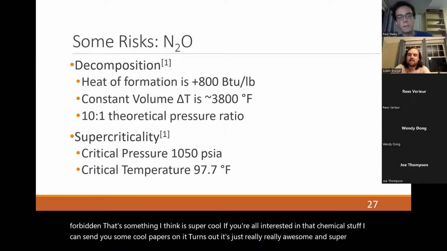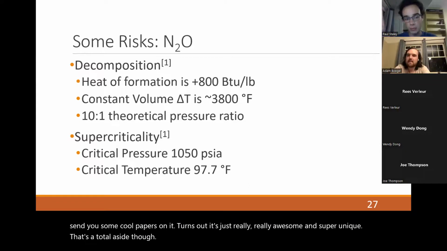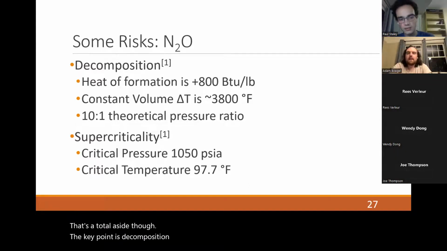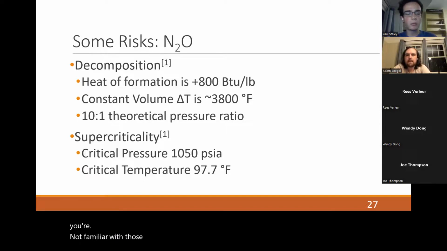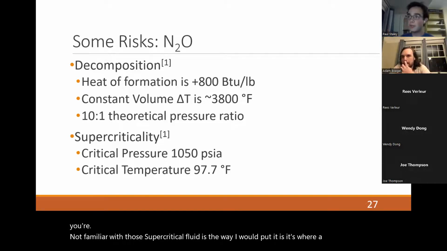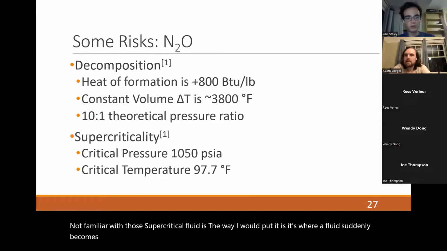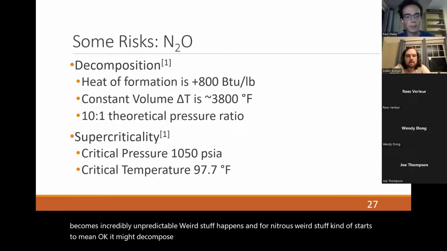That's a total aside though. The key point is decomposition risks. The other interesting thing to look at is supercriticality. If you're not familiar with what a supercritical fluid is, the way I would put it is it's where a fluid suddenly becomes incredibly unpredictable, weird stuff happens, and for nitrous, weird stuff starts to mean, okay, it might decompose and bad stuff might happen.